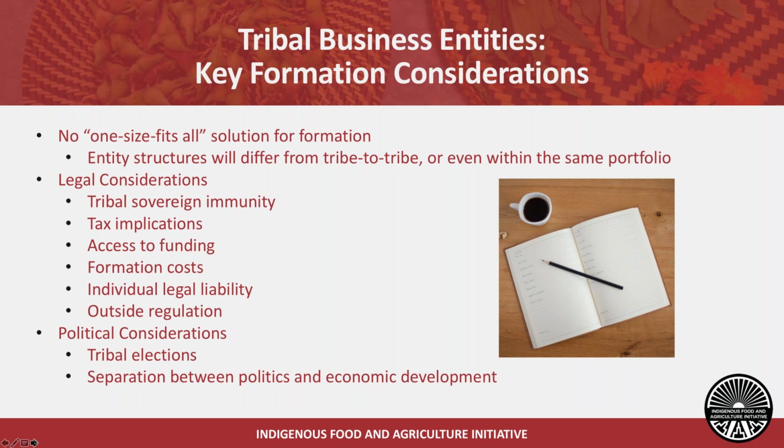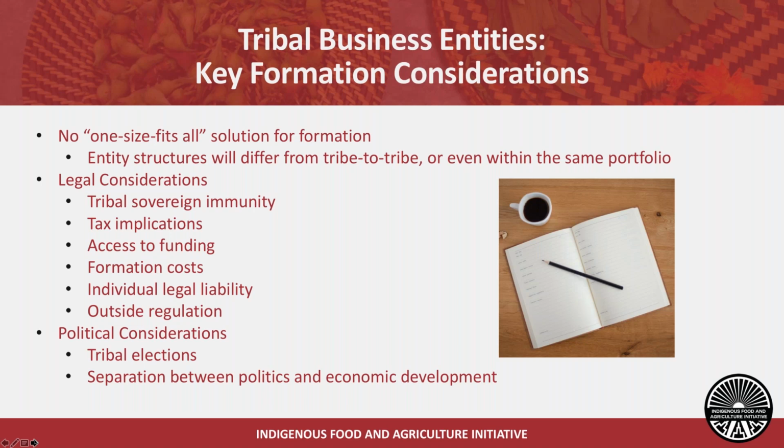Outside regulation, again, if you're going to engage with the state, you might have state actors and state regulators in your business if you decide to register that way. There are also different things to keep in mind with political considerations. If you have tribal leaders sitting on a board and there's a tribal election that turns over, but their term's not up on the board, you might have a different kind of relationship to manage than previously.